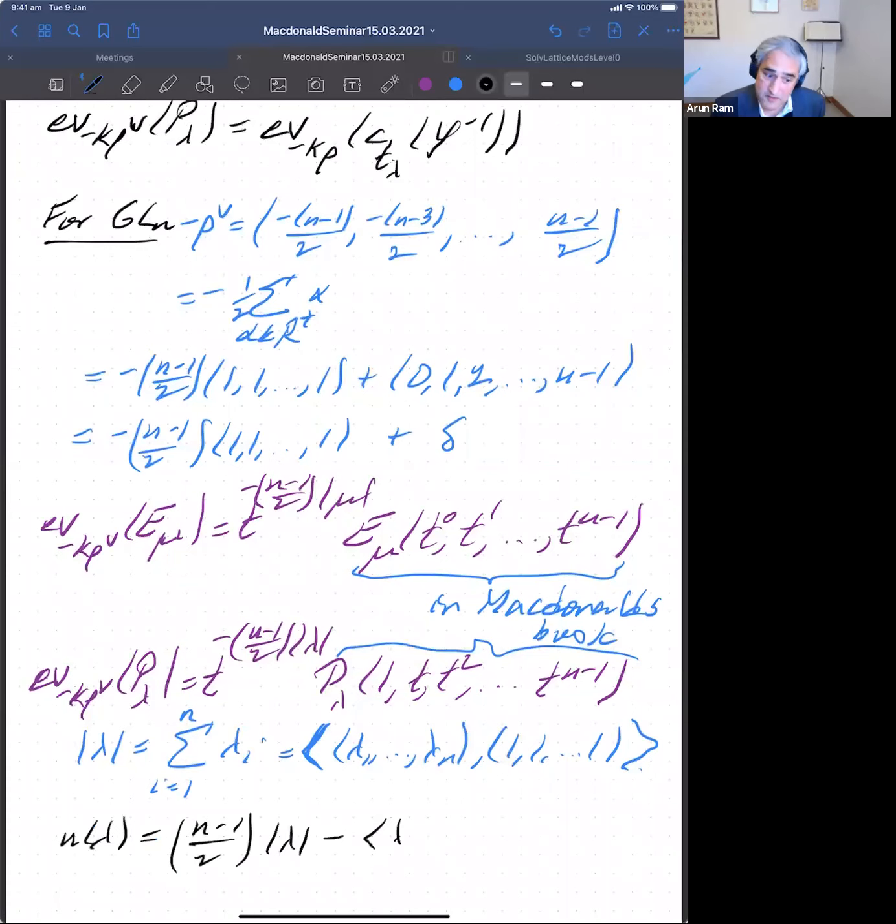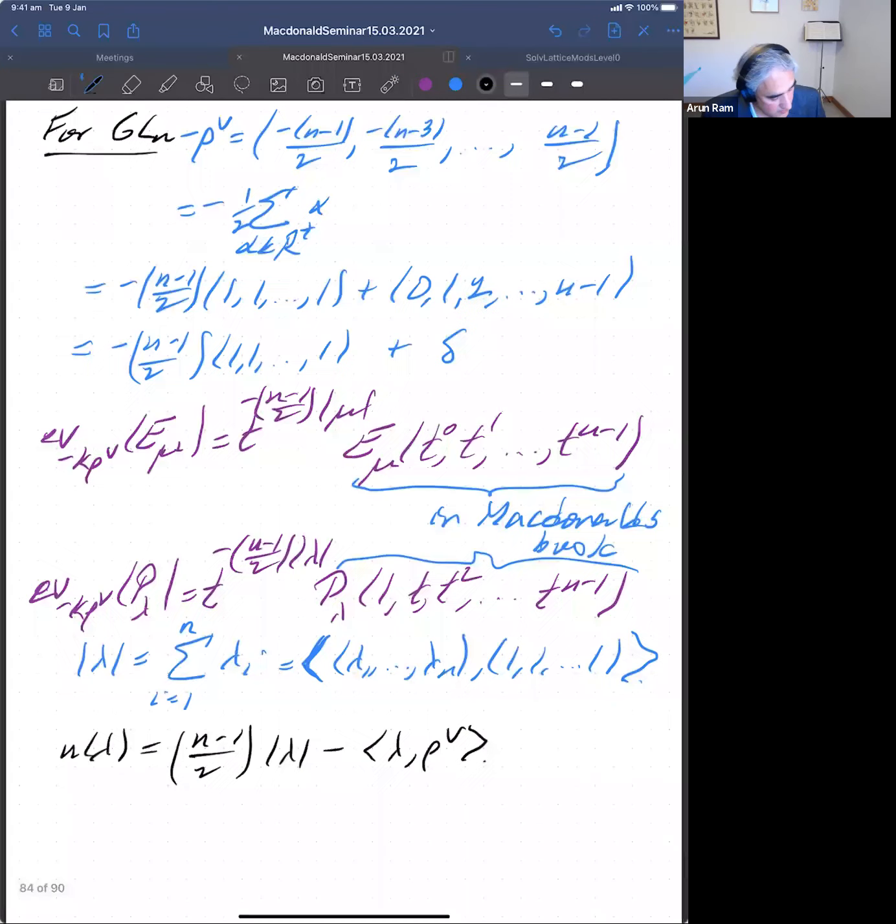All right, so I have now put all the things in place so that you can easily do the calculation. This is rho check, this is the difference, and in fact this crazy constant n of lambda, which always seems so mysterious, is actually not so mysterious, because you can really see it's built from two parts. One part is this 1, 1, 1, 1, and the other part is this rho check.